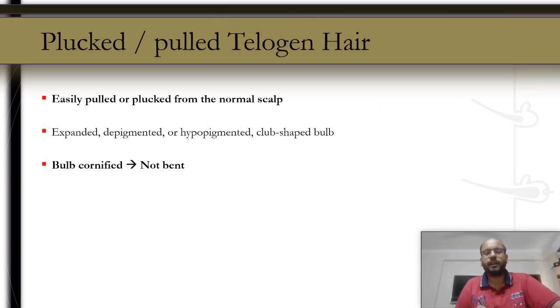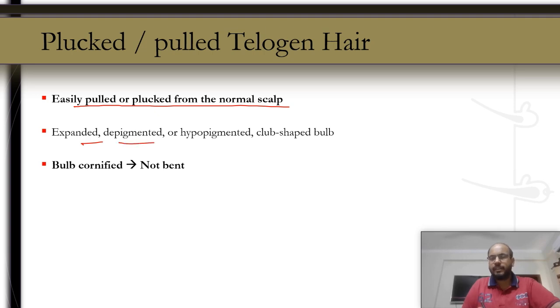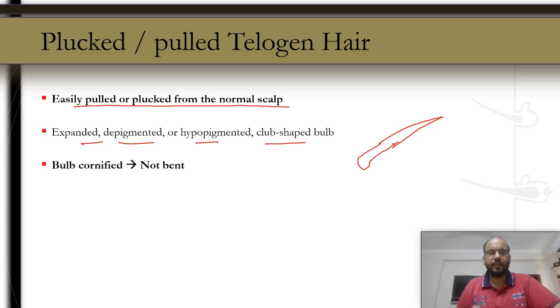Now, plucked and pulled telogen hair. Telogen hair can be easily pulled and plucked from the normal scalp. They easily come out. They have an expanded, depigmented or hypopigmented club-shaped bulb. We have discussed that the bulb will be club-shaped, so you will see a non-pigmented club-shaped hair bulb.